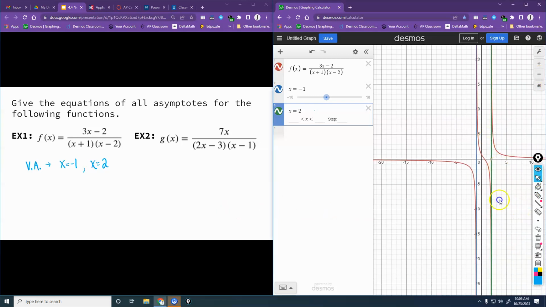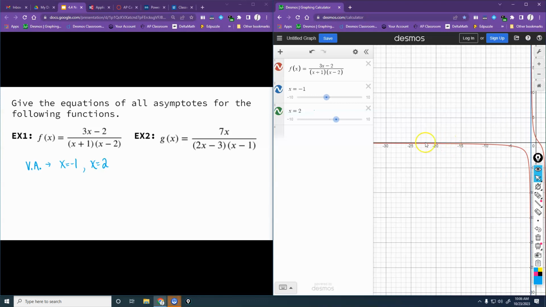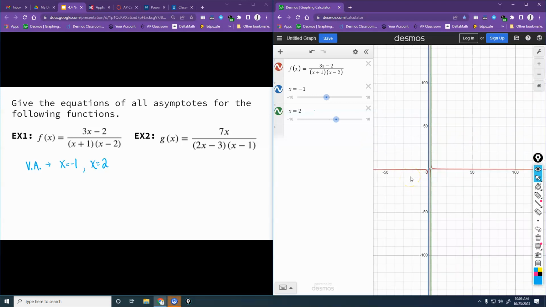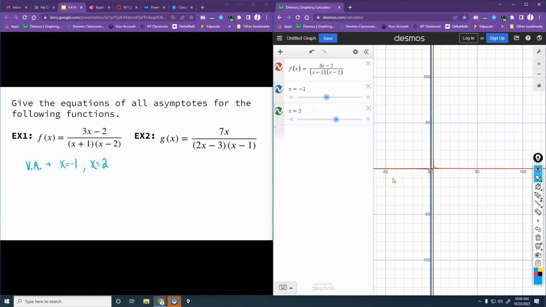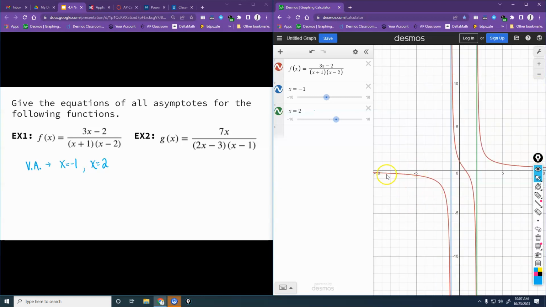So if I zoom out, does it look like I'm ever crossing this line right here? Nah. How about over here? Not really. And if I zoom out even further, it just starts to look like it is the line itself. So this appears to probably have a horizontal asymptote out on the ends at the x-axis, right?